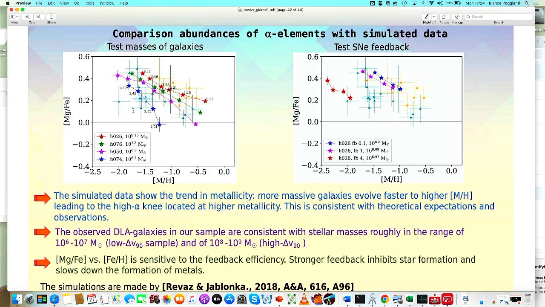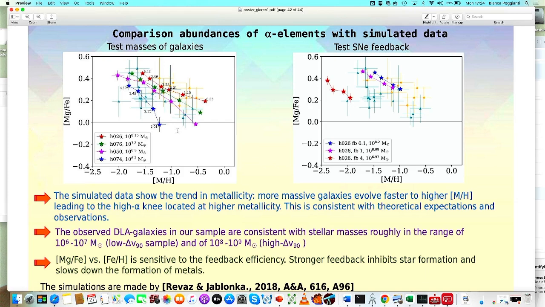To do that, I overplot abundances of magnesium over iron that I got from the simulations and from simulated galaxies with different masses. And you can see that the simulated data show the trend in metallicity. More massive galaxies evolve faster to higher metallicity, which leads to the high alpha over iron located at higher metallicity.